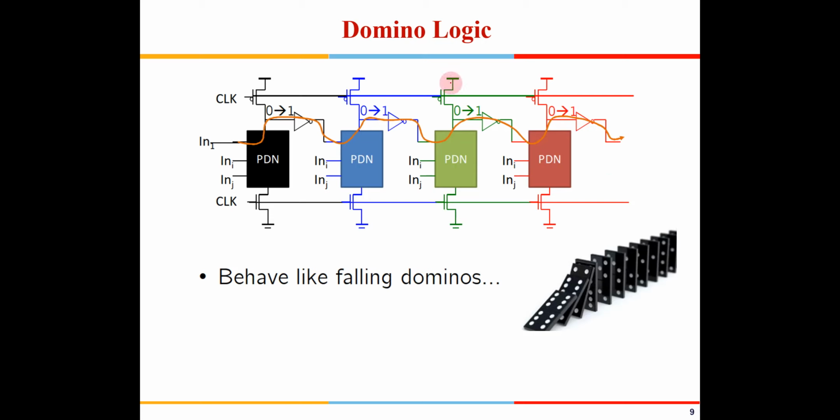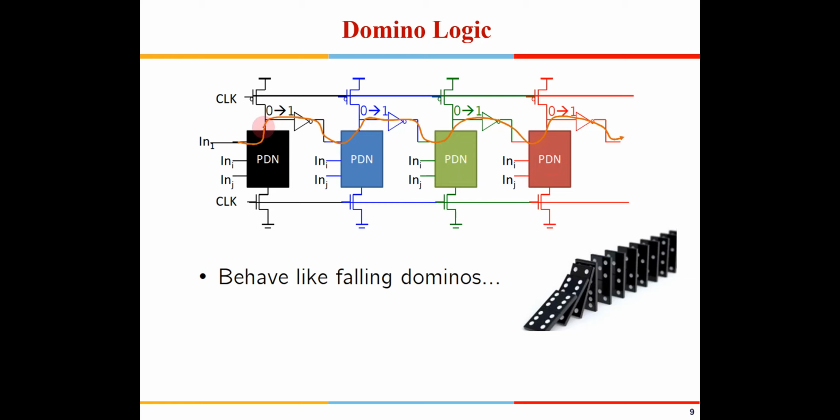Okay. So in the domino logic, why is it known as domino logic? That is explained here. A domino is like if you have a set of cards placed vertically, and if you push one, it will keep falling. That is known as the domino effect, right? So similarly here also, you see a chain of inverters.